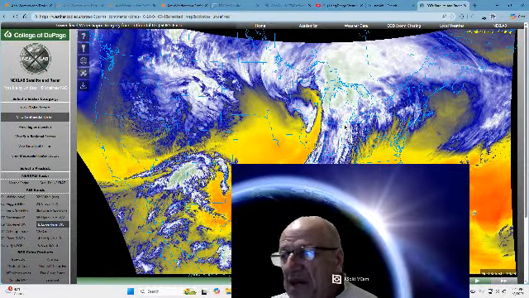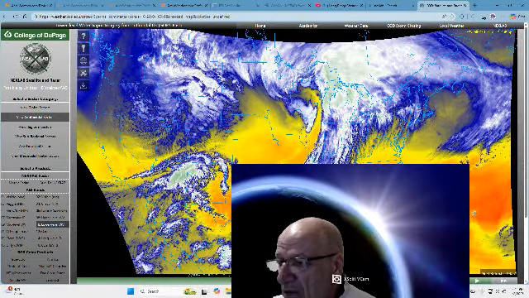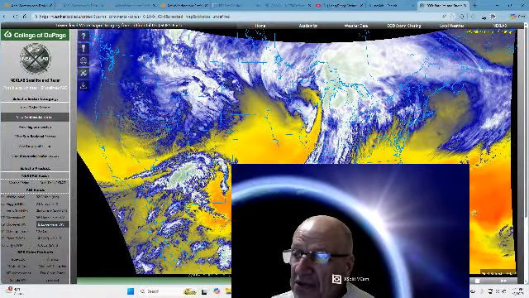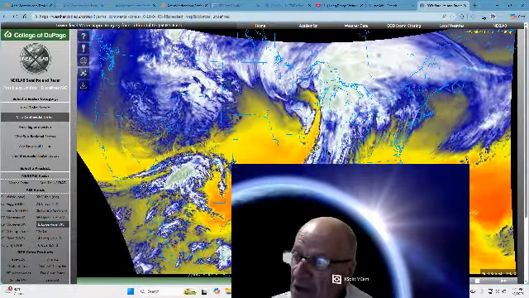And we see this is the moisture streaming into this area. We'll put this into motion. This here is the moisture. We have deep moisture, southerly flow here, and a southeasterly flow aloft.